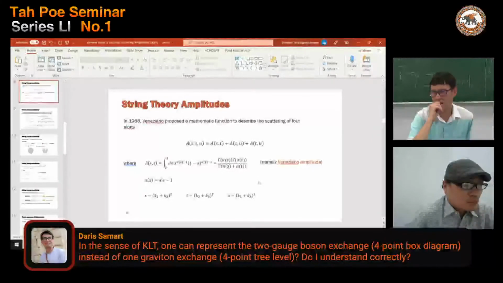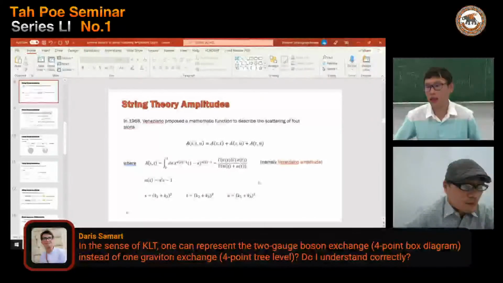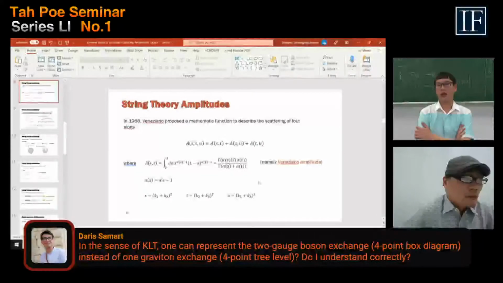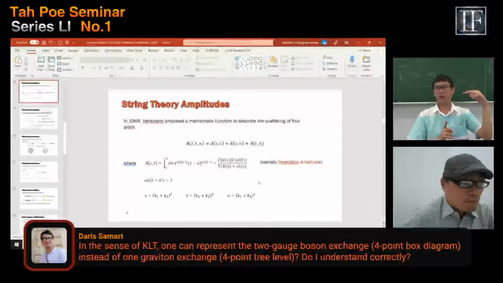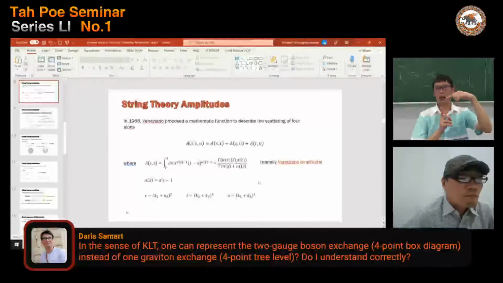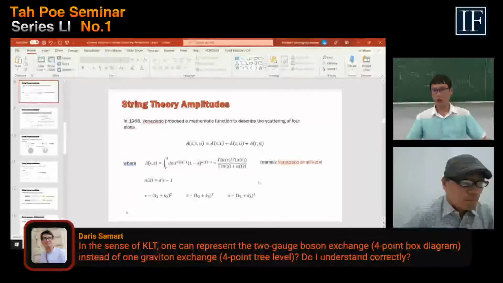By the way, in your picture, I assume you mean two matter particles exchanging a graviton and going out as two external particles.